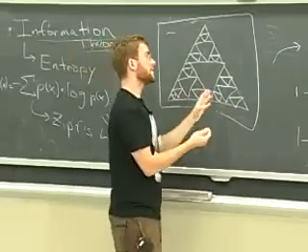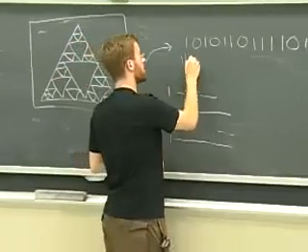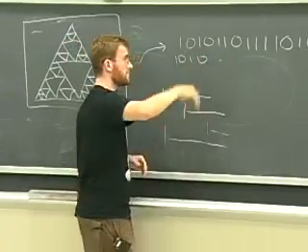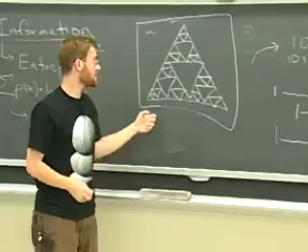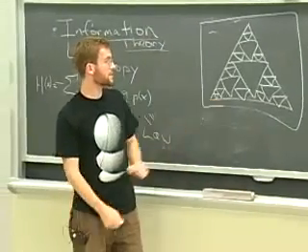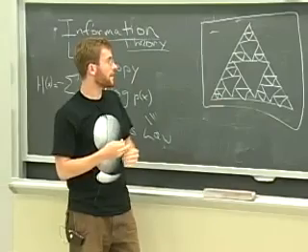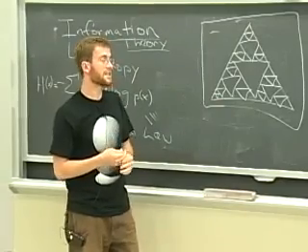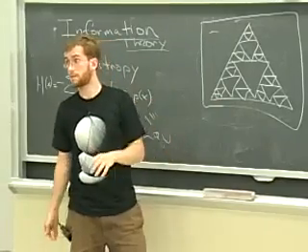Like this sequence of zeros and ones that goes on for a million, billion, whatever digits are needed to encode the visual picture of a Sierpinski gasket is actually an excessively long description.